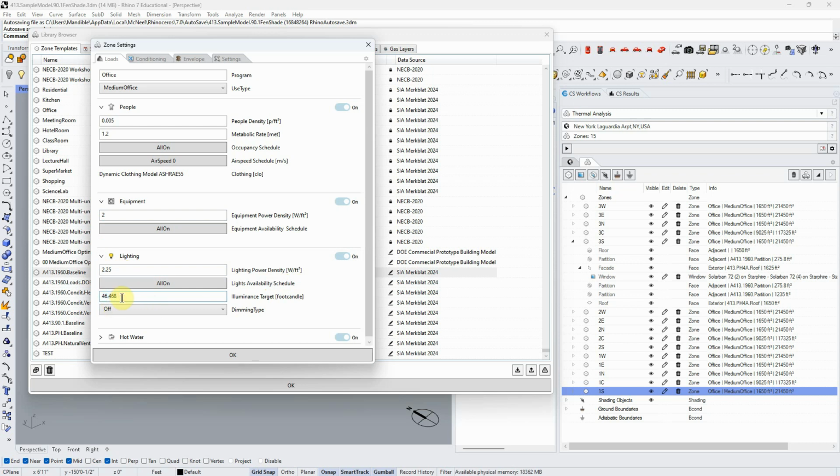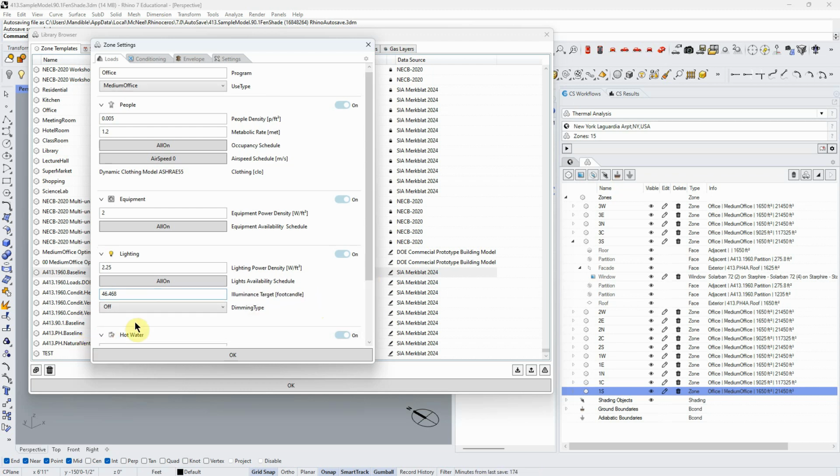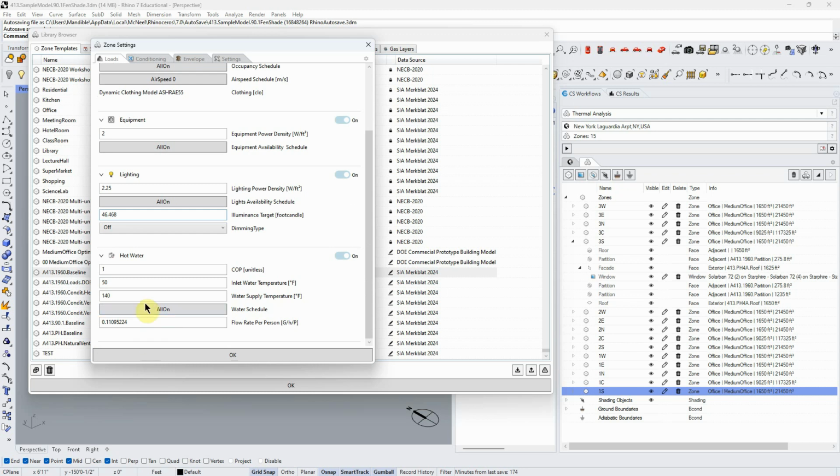They've changed a lot over time, and I've read that companies who stood to make money by selling more lights kind of lobbied for higher luminance targets than maybe were necessary, or anyway, it's changed over time. And this is a standard setting. This is just not a fancy hot water heater setup.